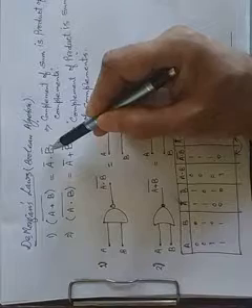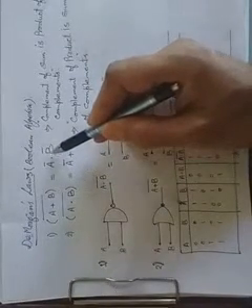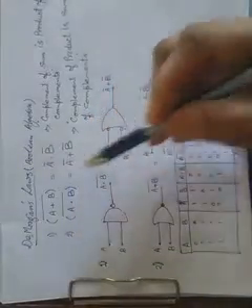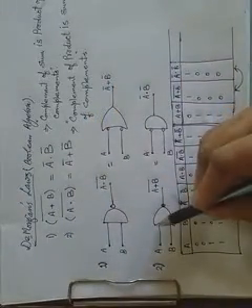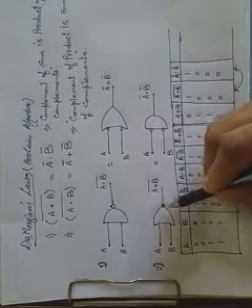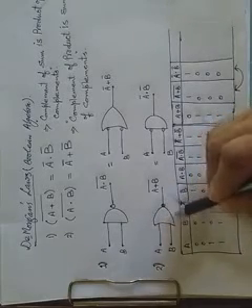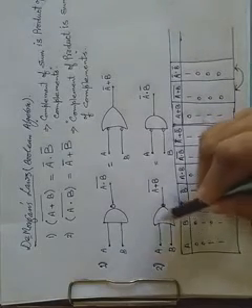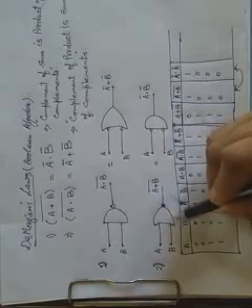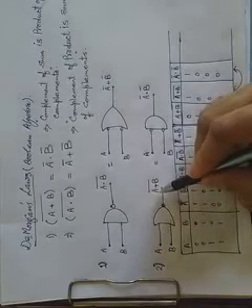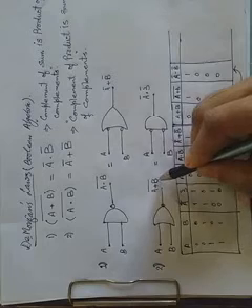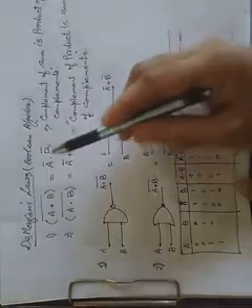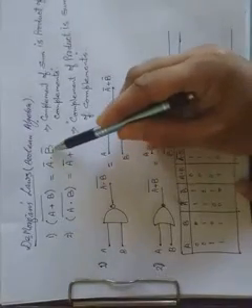Let us go for this first statement in terms of logic gate symbol representation. Here I have a NOR gate. With inputs A and B, what will be the output of this NOR gate? It will be the complement of A plus B. As per this De Morgan's law, it is equal to the product of the complements of the inputs.